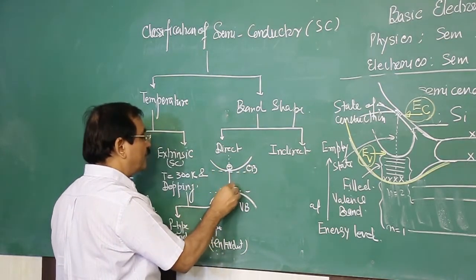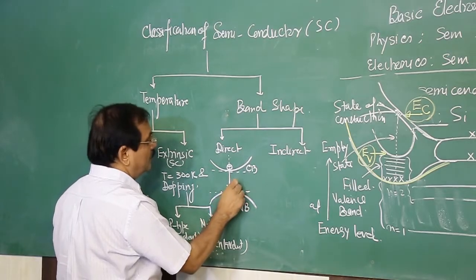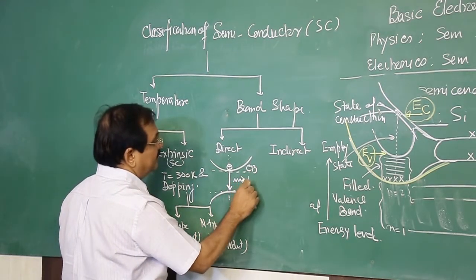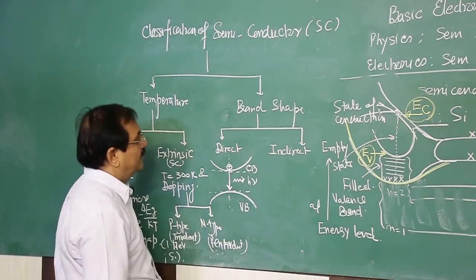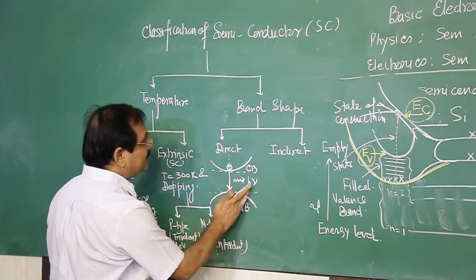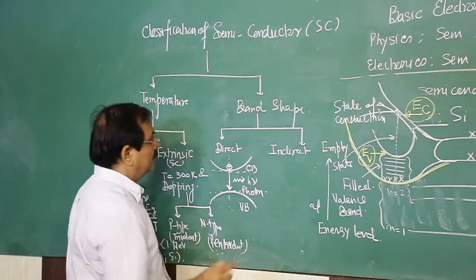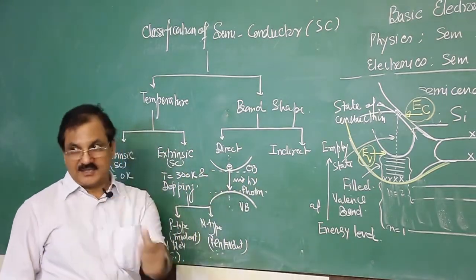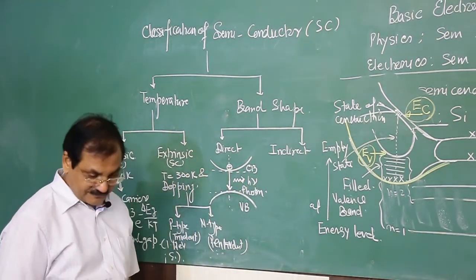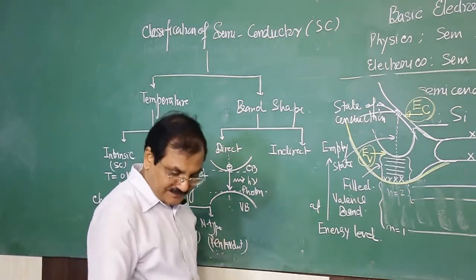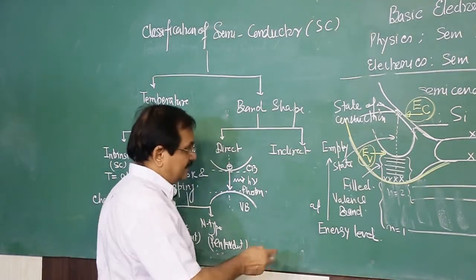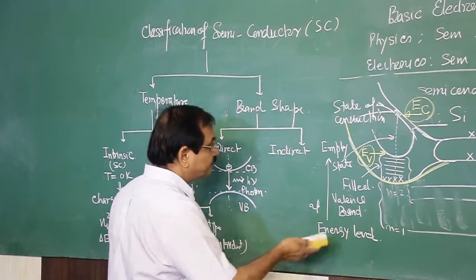When it jumps from a high energy state to a lower energy state, that will generate the h nu photon, and this is the concept used in the formation of LED.